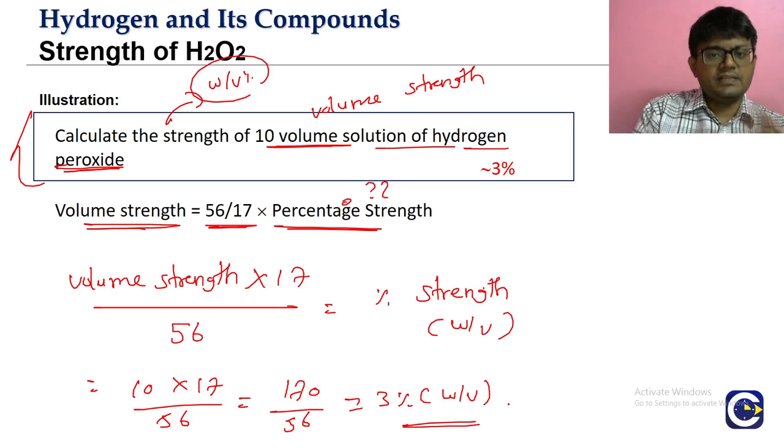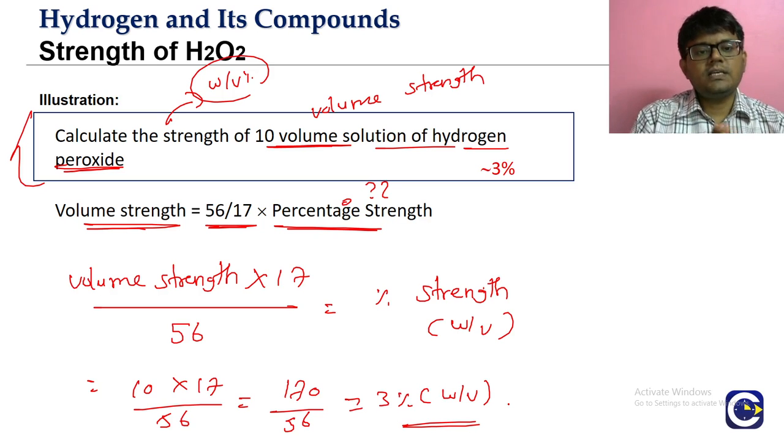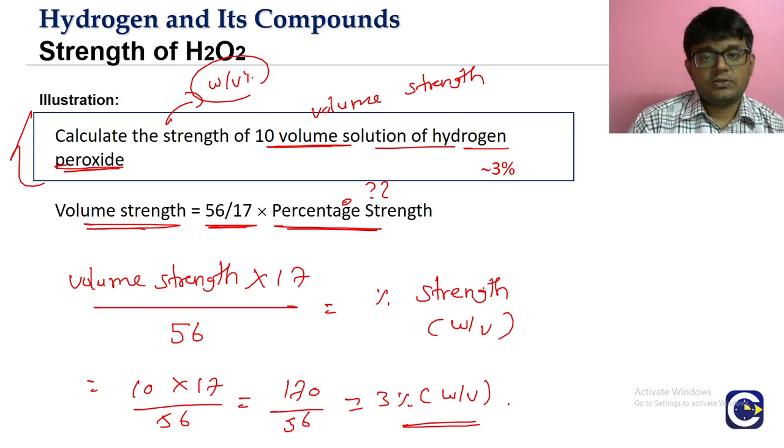Some people even remember this: 10 volumes means 3%, 5 volumes means 1.5%, and they can do the conversion like that, instead of remembering the original formula. 10 volumes means 3%, 20 volumes means 6%, 5 volumes means 1.5%. Just using the proportion you can get the conversions. Okay guys, so this is about the strength of hydrogen peroxide solution.